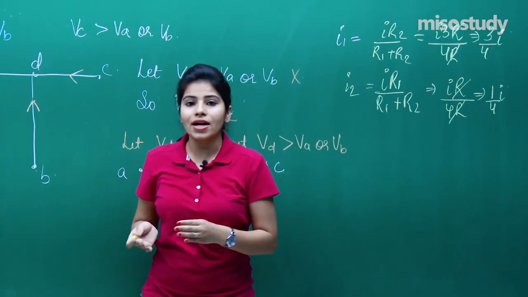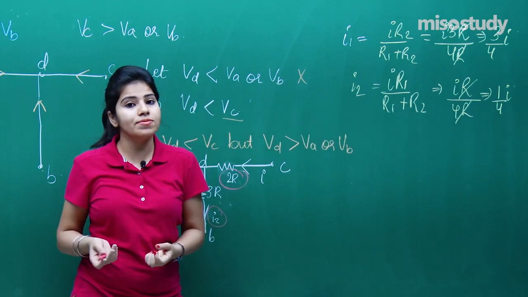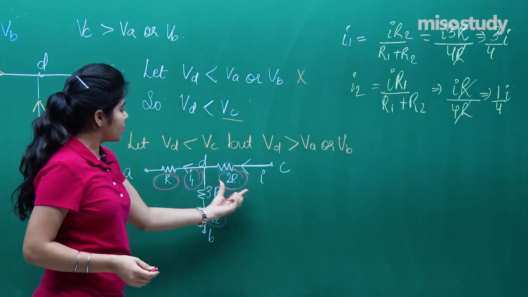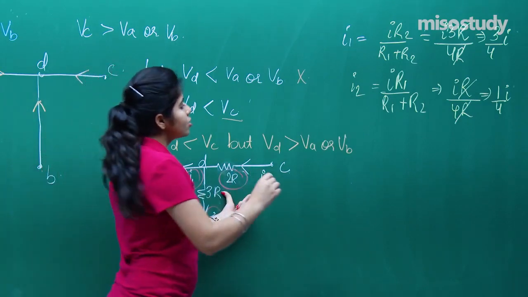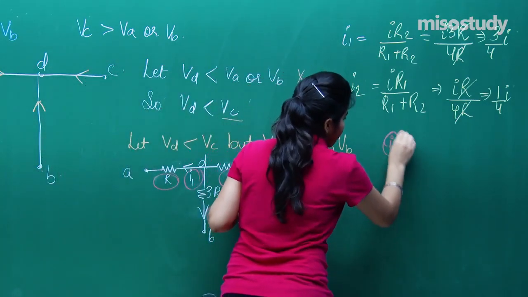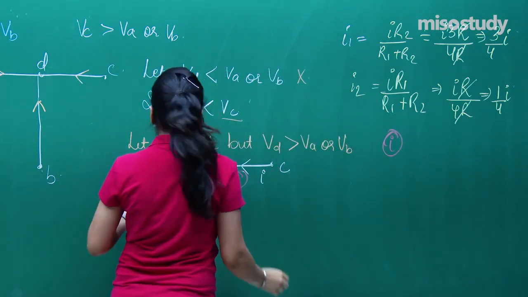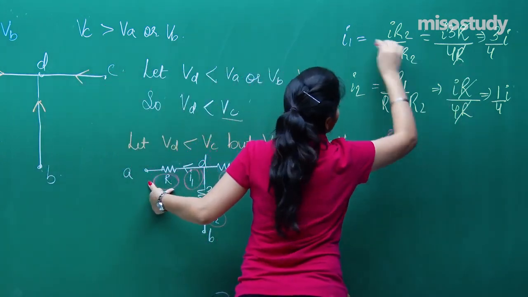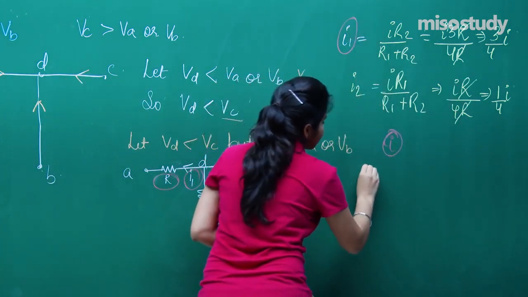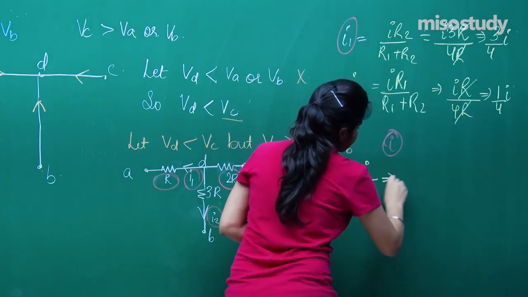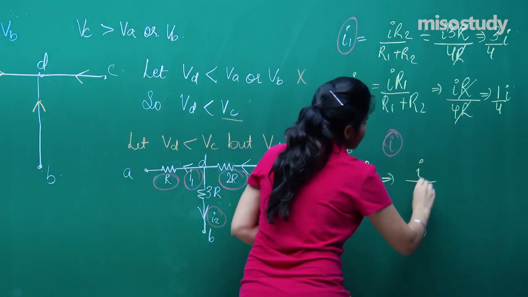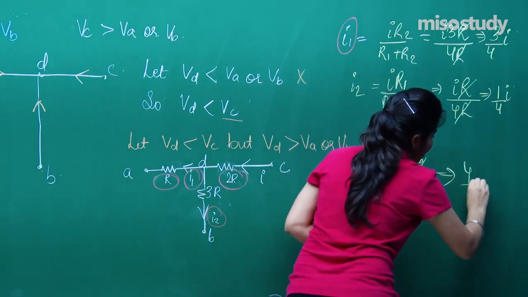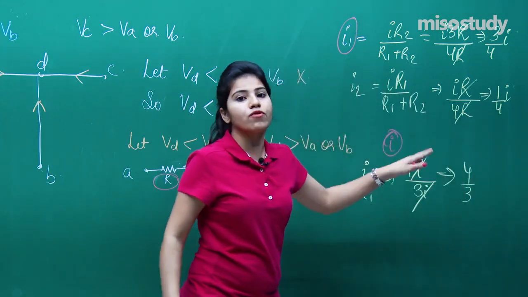In the option they are saying that current in 2R is 4 times the current in R. So if I take the case of current in 2R, the current in 2R is I, and the current in R, that means this resistance, is I1, this is 3 by 4 I. So we have to take the ratio of I by I1, that means I divided by 3 by 4 I. It is not coming out to be 4, but it is coming out to be 4 by 3.